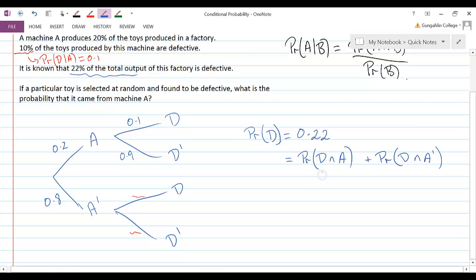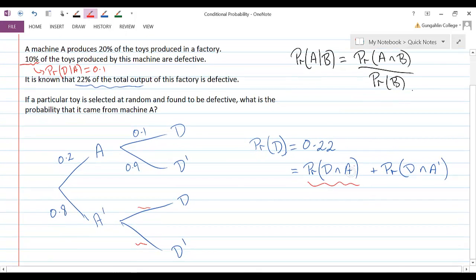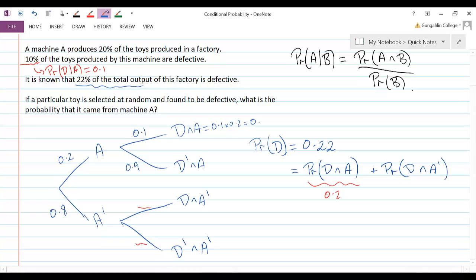Now, we can work this out because we know about machine A. The probability of being defective and coming from A is these two things multiplied together. 0.1 times 0.2 is 0.02.